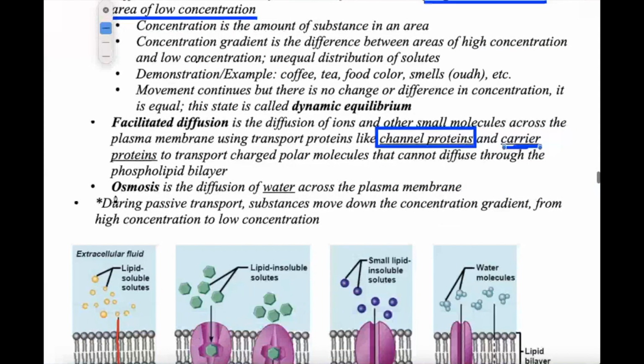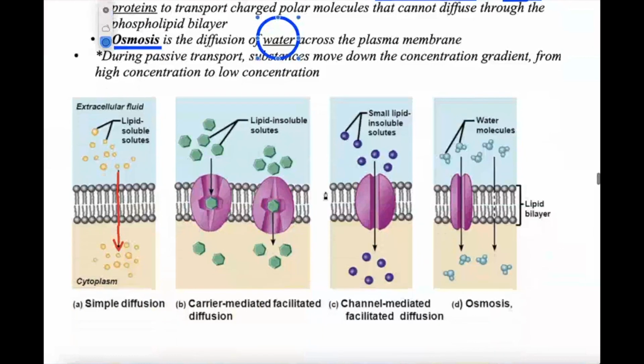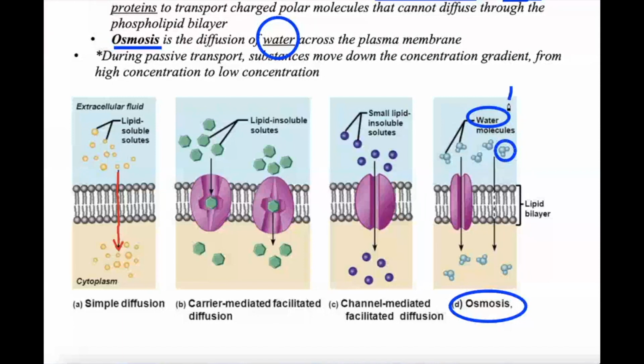Osmosis is only and only for water, and that is also from high concentration to low concentration. Now in these pictures, you need to identify them. How do you say this is osmosis? Because water molecules are written over here. Also try to get the shape of the molecule, it is H2O. Maybe water is not written, but the shape shows you this is water.